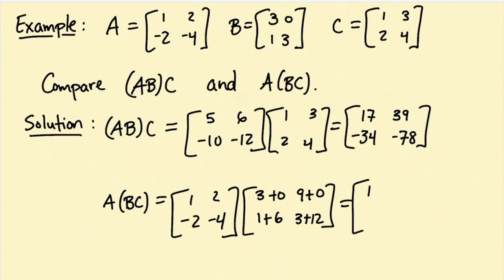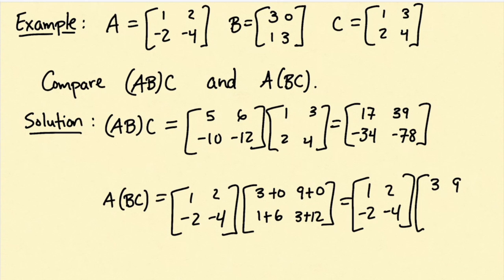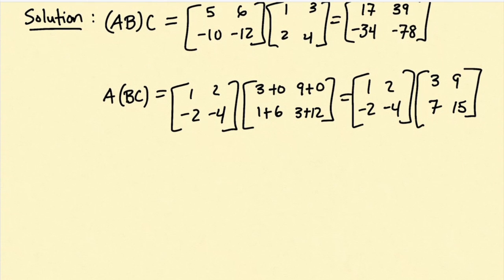That gives us the matrix 3, 7, 9, 15. Carrying out the multiplication, we get the matrix with columns 17, -34 and 39, -78. So, as promised, grouping either A and B together, then multiplying by C, or grouping B and C together, then multiplying by A, gives us the same result.